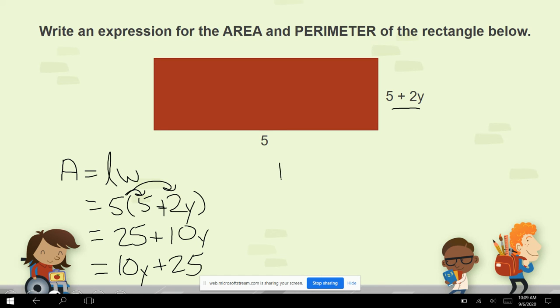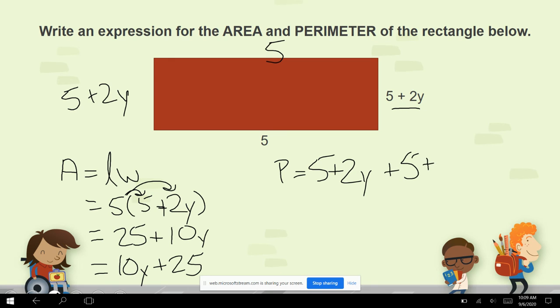Now, our perimeter is the distance around the shape, or the sum of all four sides. So we can label our opposite sides. Our left side will be 5 plus 2y, and our top will be 5. Pick a place to start and work your way around so you make sure you don't miss a side when adding them: 5 plus 2y plus 5 plus 5 plus 2y plus 5.